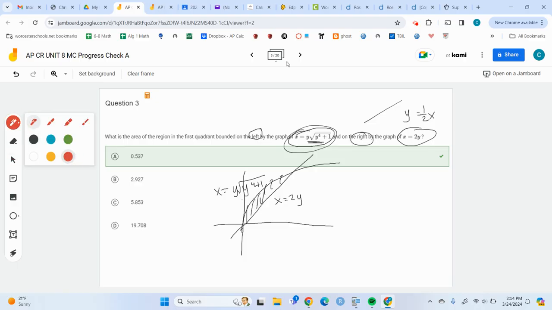All right, and it's really nice that they gave us equations that are solved for x, because think about this. In order to find this area, I'm not doing top minus bottom. I mean, you could, because the top curve and the bottom curve are probably always the same, but I know that the right curve is always x equals 2y, and the left curve is always the square root.